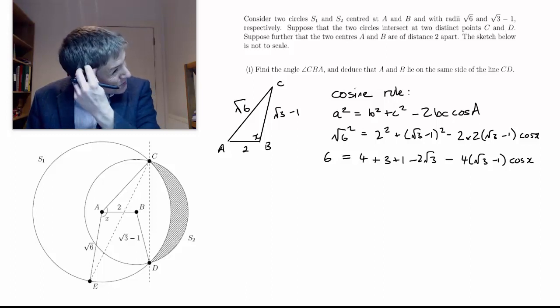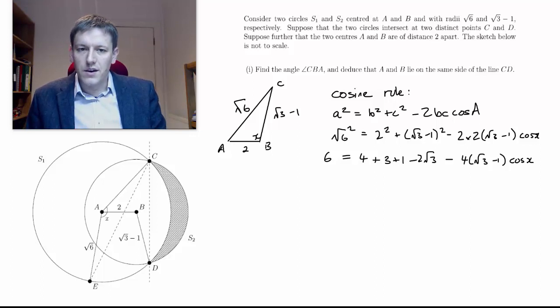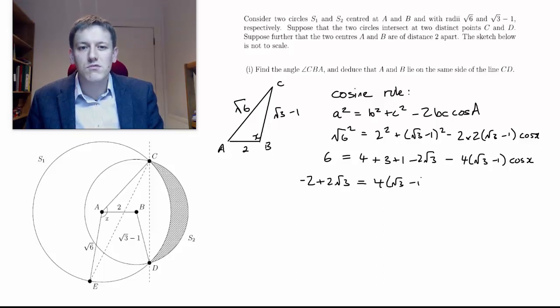Of course, in the real thing you might want to do this slightly more quickly than I'm going through it, but do show enough working to make your answers clear. So I've got here, if I subtract the 8 and the minus 2√3 from both sides, I get minus 2 plus 2√3 is 4 times (√3 - 1) times cos x.